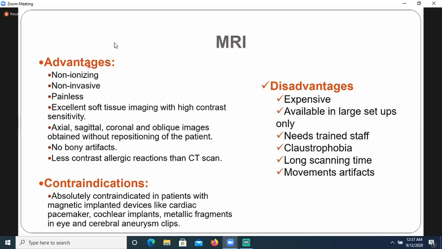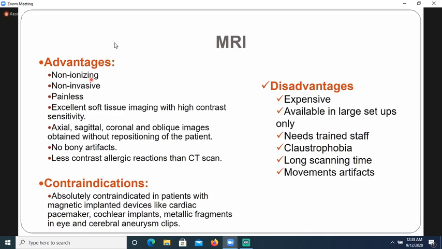What are the advantages of MRI? It is non-ionizing, non-invasive, and painless. It is an excellent soft tissue imaging with a higher contrast sensitivity than CT, X-ray, or ultrasound. It has excellent soft tissue contrast resolution. Axial, sagittal, coronal, and oblique images are obtained without repositioning of the patient.